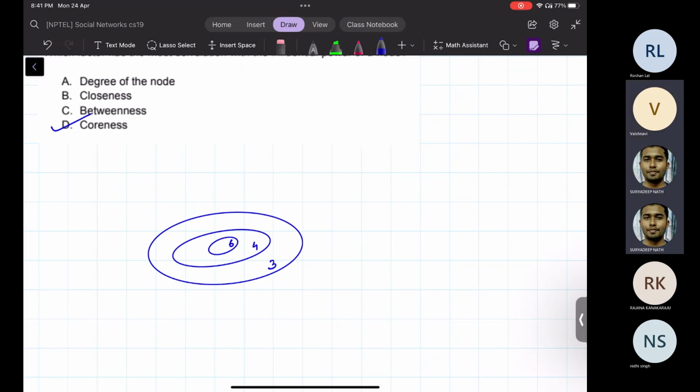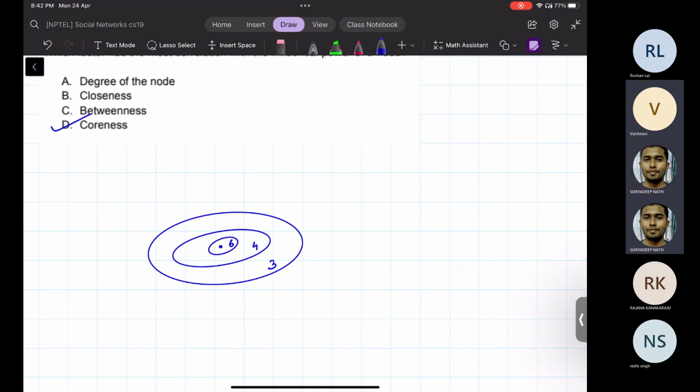Yes, 3, 4, and 6. It belongs to all 3 cliques, so it is somewhere here, inside this 6. So the core number of this node cannot be less than 6, I think, is the right answer. Any node within this innermost ellipse will have a core number of 6 or greater than 6, right?